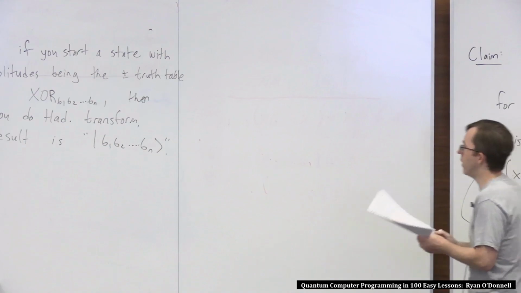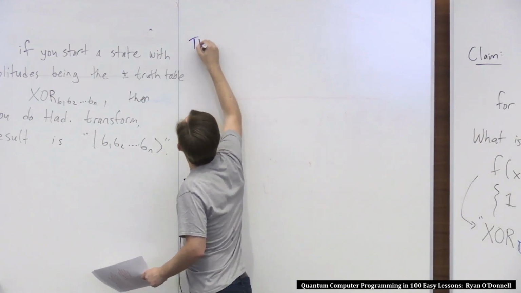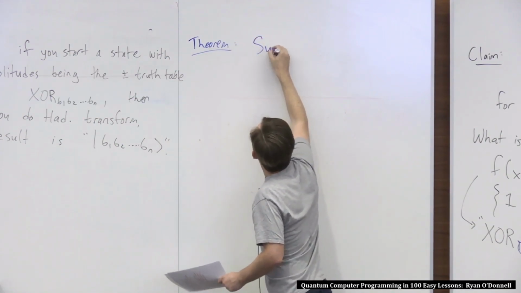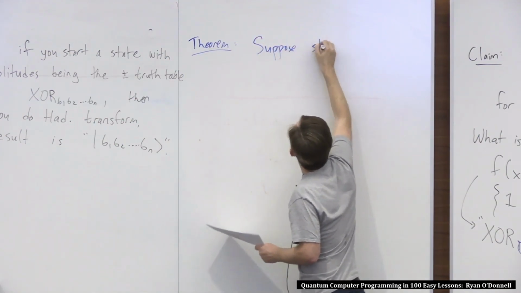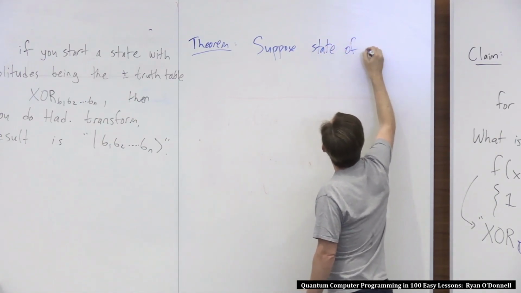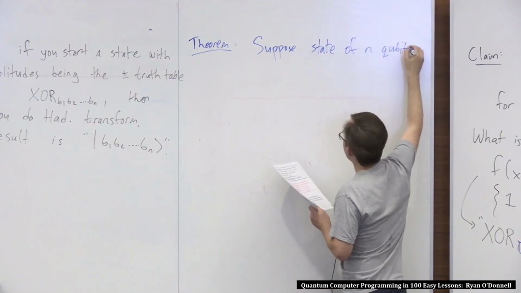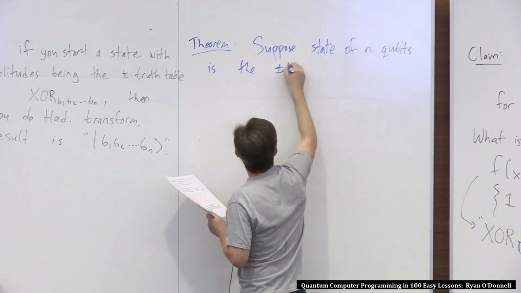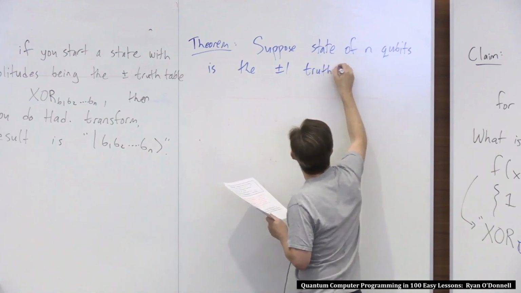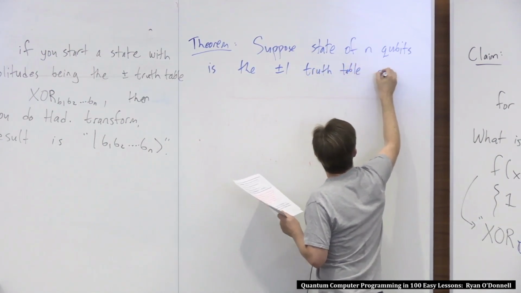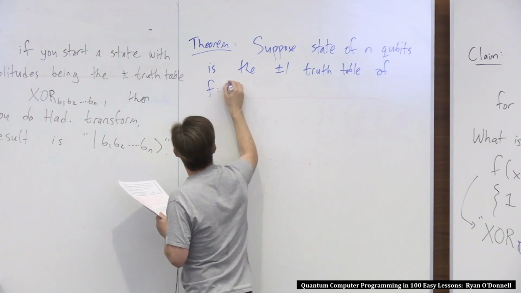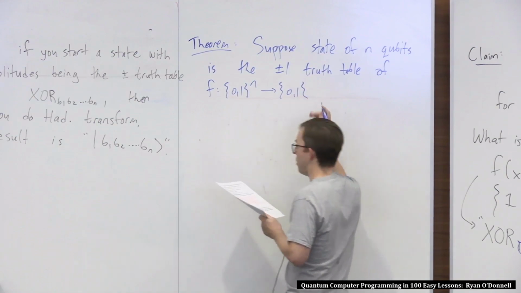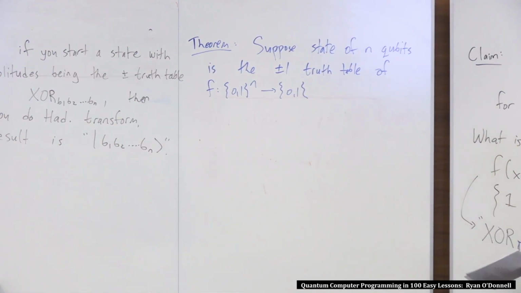Okay, so the theorem. Suppose the state of n qubits is the ±1 truth table of some Boolean function f with n input bits and one output bit.